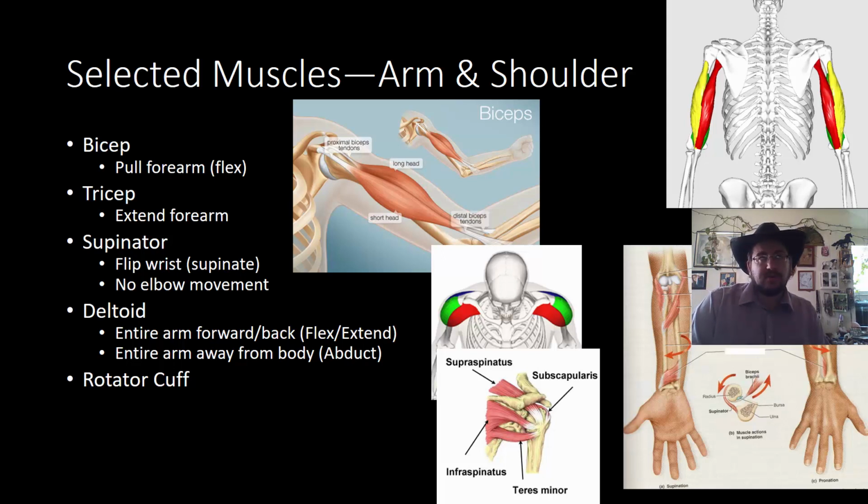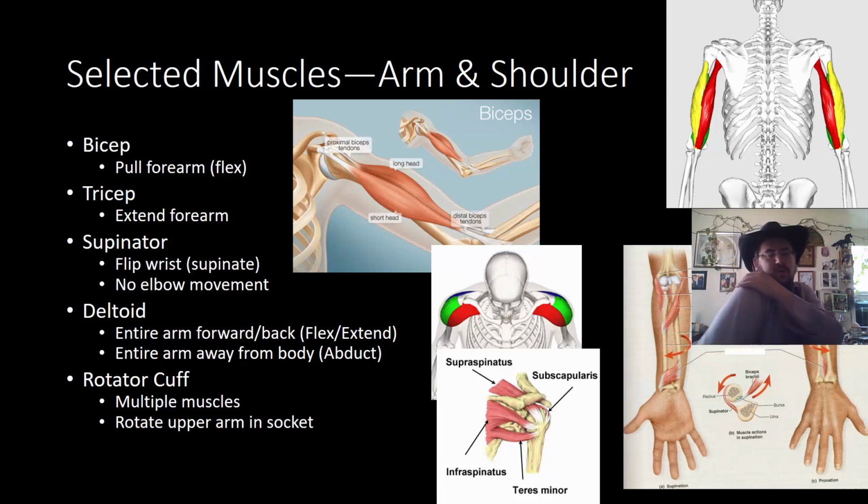So, they originate on your scapula, right? And then they attach to your humerus. And they, rotator cuff, right? They rotate your arm in there. So they rotate the upper arm in the socket. So a bunch of rotatey stuff.